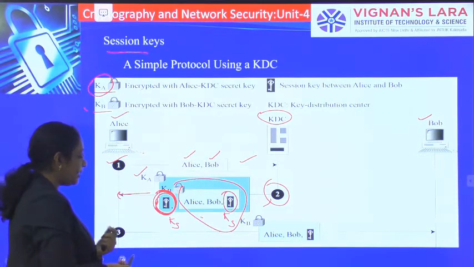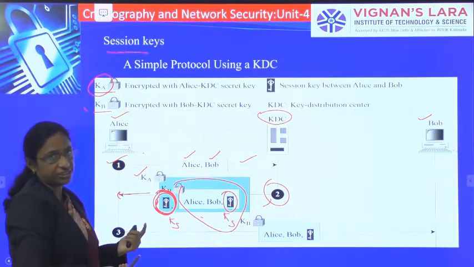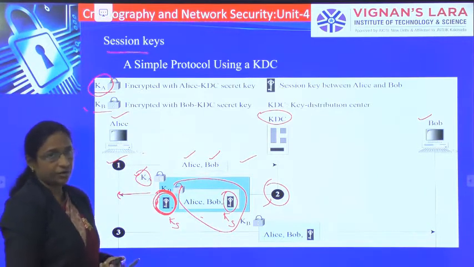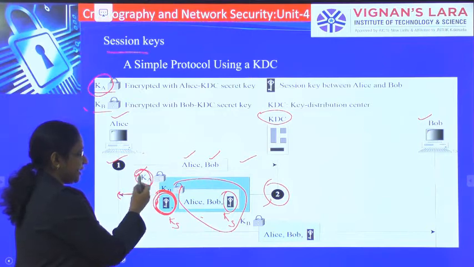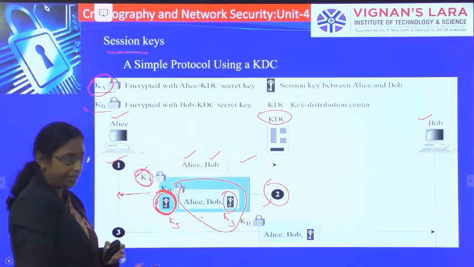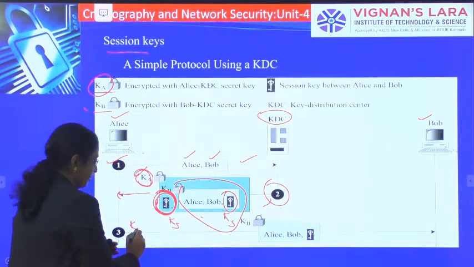Then Alice, since she knows KA, the secret key between Alice and the KDC, decrypts this entire part and takes the session key.